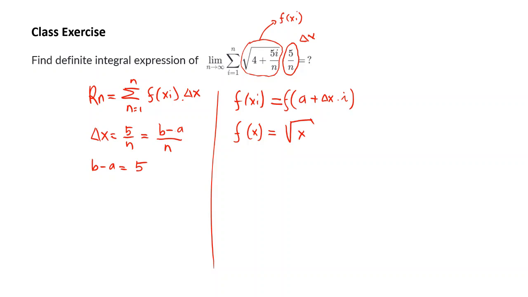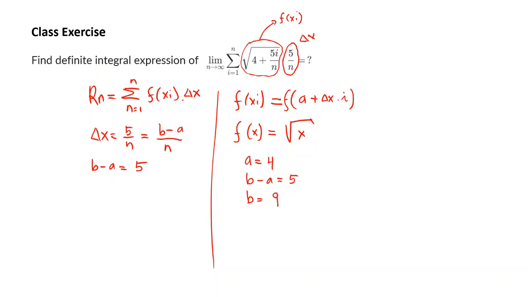It's a little bit hard, and in this case probably a then equals 4. Since b minus a equals 5, I know that b equals 9.